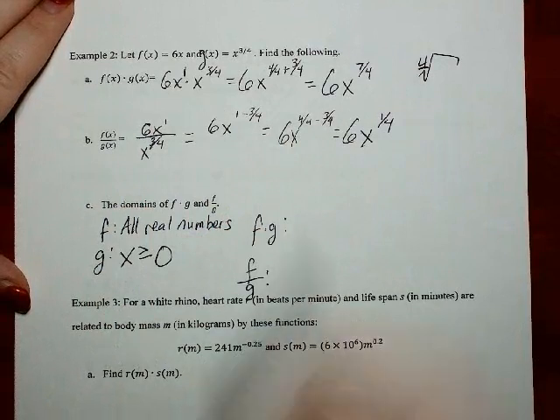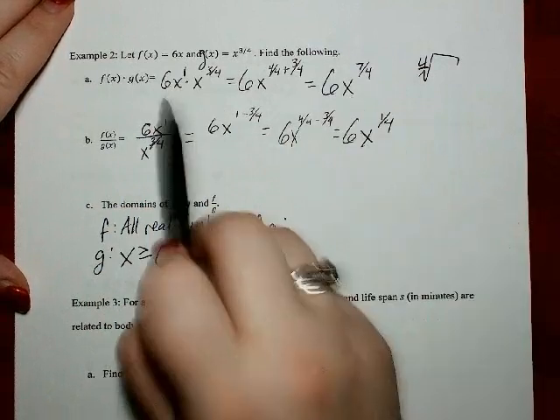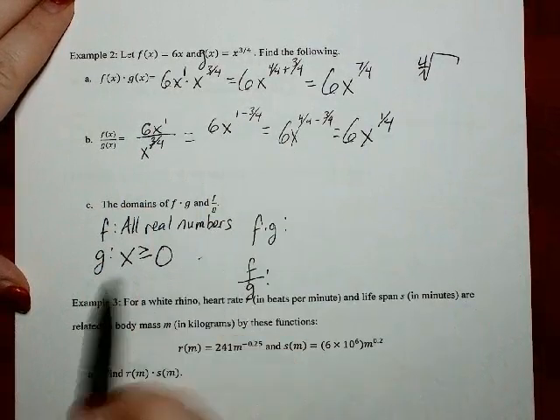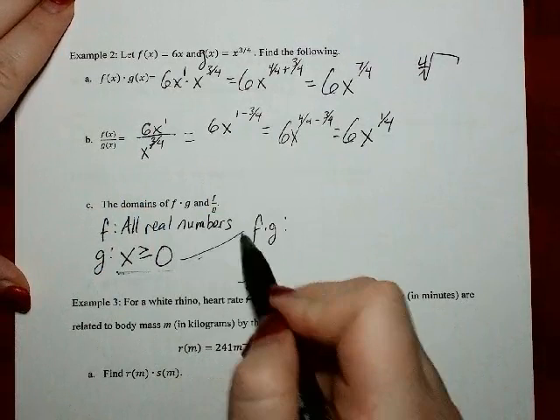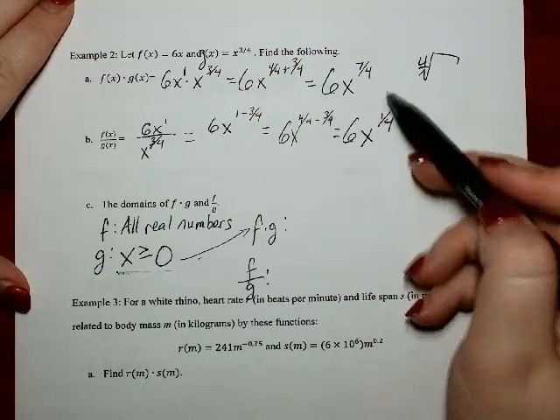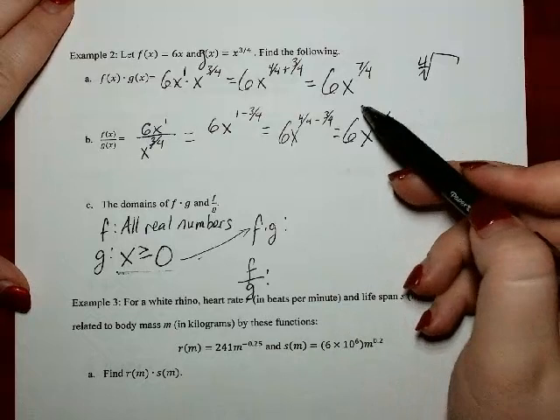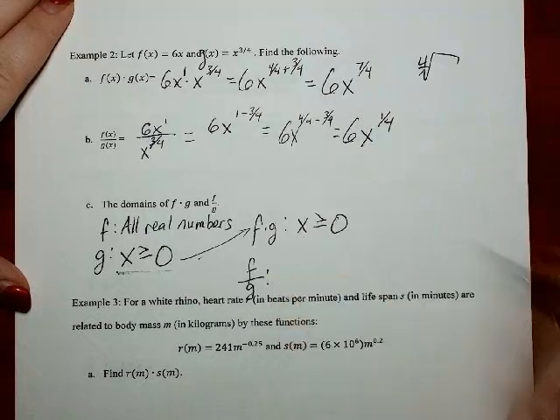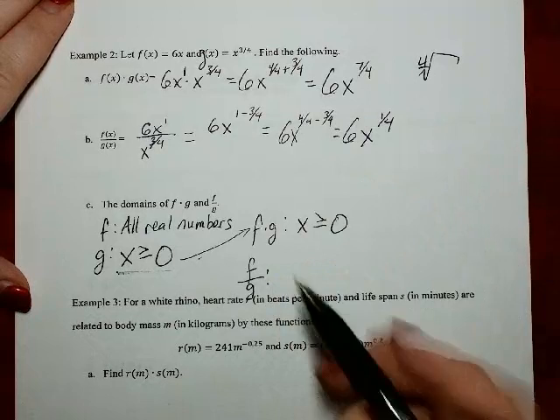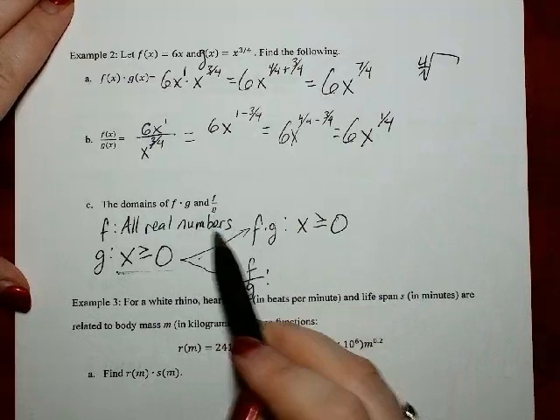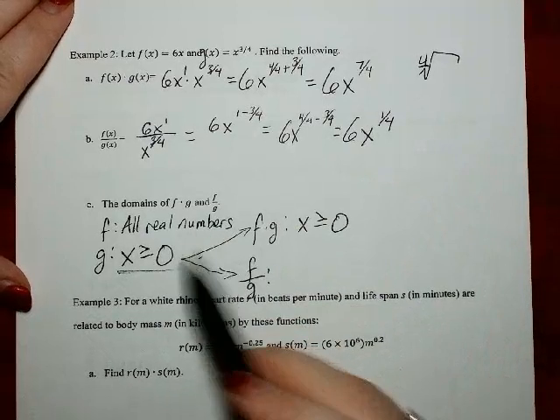Now, this one, we multiplied them, so we have to use any restrictions from over here. So this one comes over to here. And then we see if there's any more to add. And there is not. So it's just x is greater than or equal to 0. Now this one also comes over here. This one would too, but there's no restrictions.